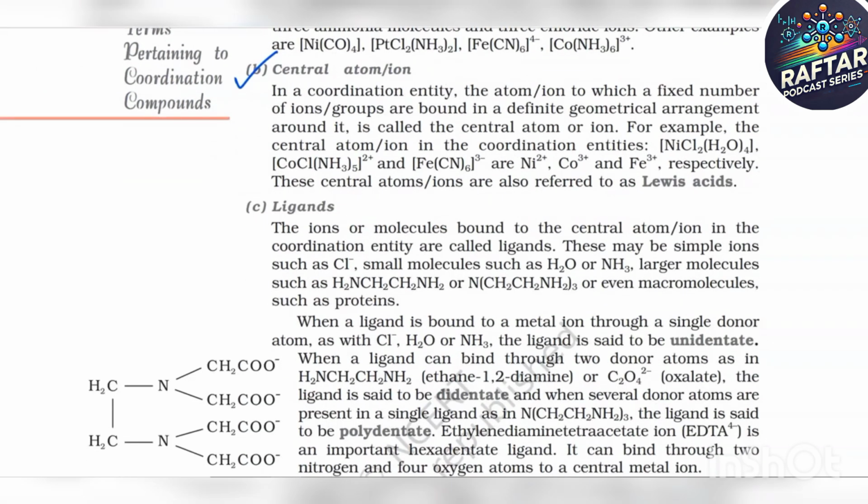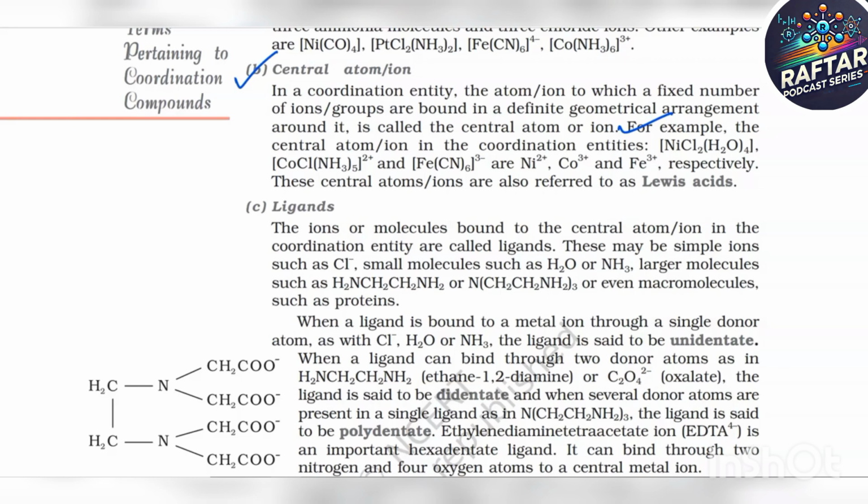For example, the central atom or ions in the coordination entities [NiCl2(H2O)4], [CoCl(NH3)5]2+ and [Fe(CN)6]3- are Ni2+, Co3+ and Fe3+ respectively.